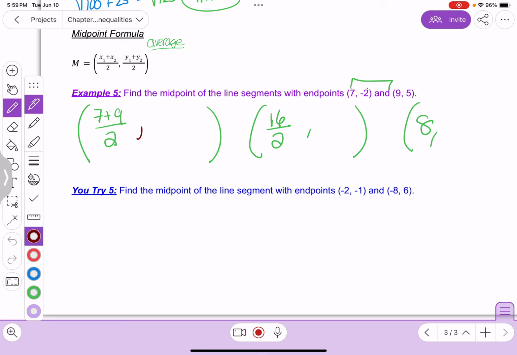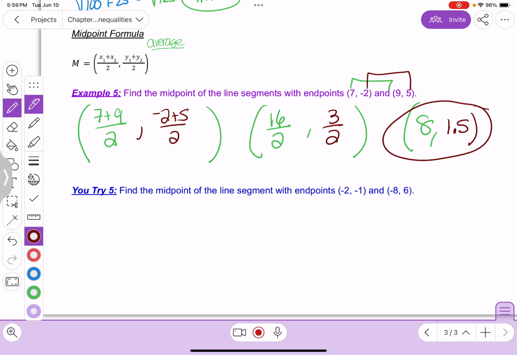And then for the y's, we're going to do negative 2 plus 5 divided by 2. So negative 2 plus 5 is 3. And 3 divided by 2 is 1.5. So that point, 8, 1.5, is going to end up in the middle of those 2 points if it was one line. So why don't you pause the video and try this last one.